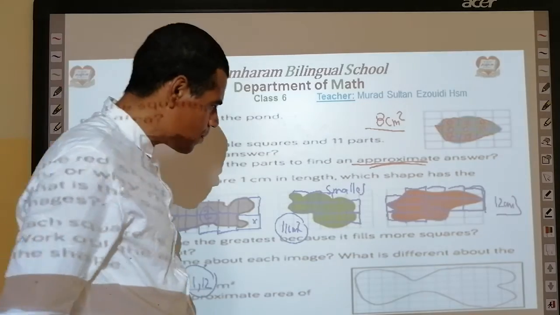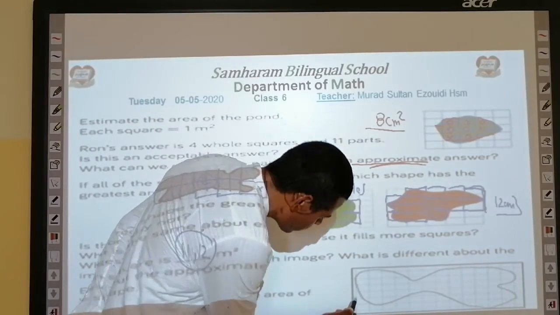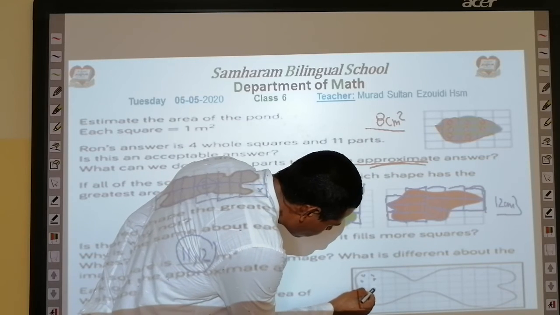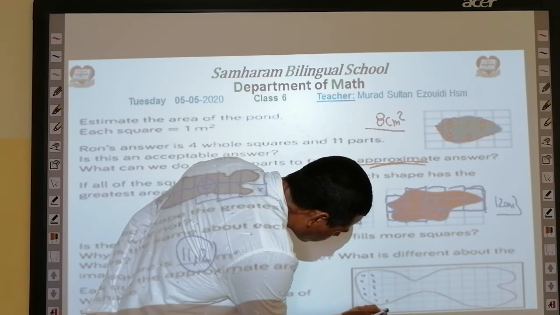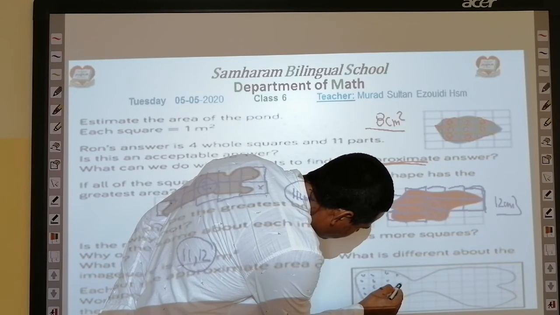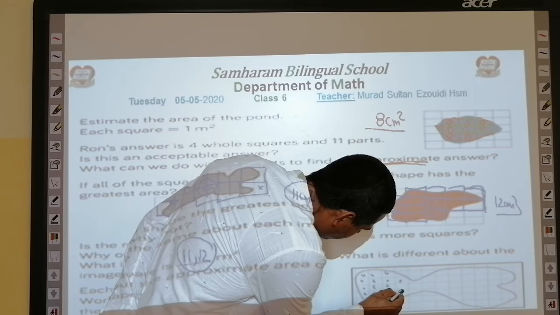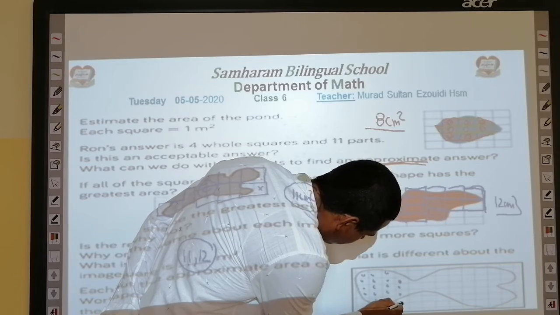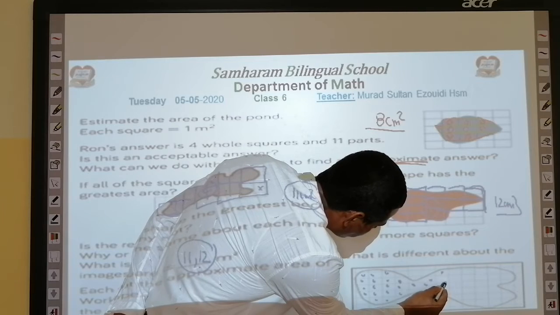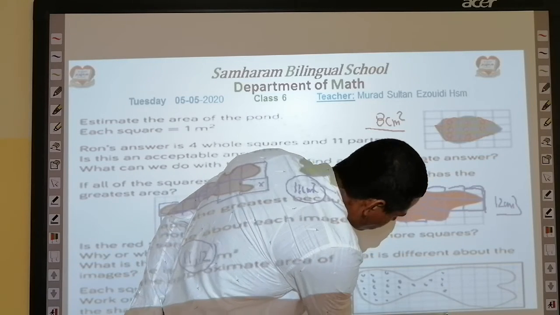Then look at this shape. Here we try to find the area of this one. So this is 1, 2, 3, 4, 5, 6, 7, 8, 9, 10, 11, 12, 13, 14. This is less than half. I will never accept it. So 15, 16, 17, 18, 19, 20, 21, 22, 23, 24.